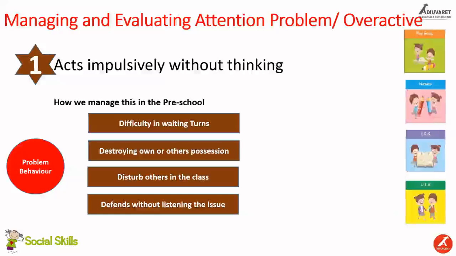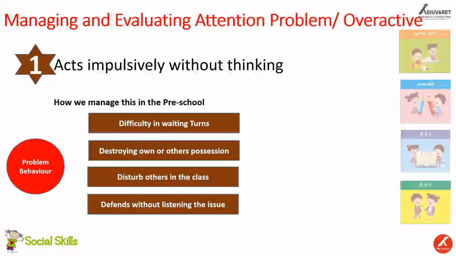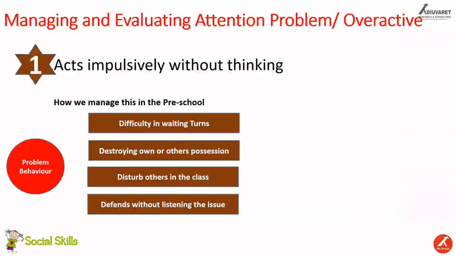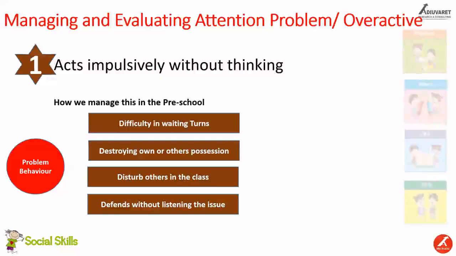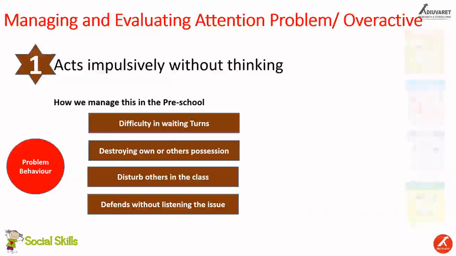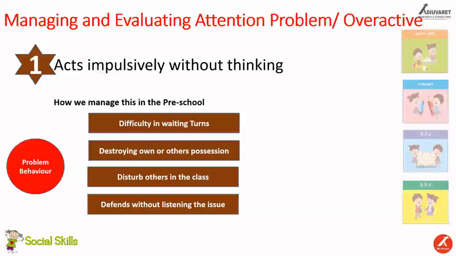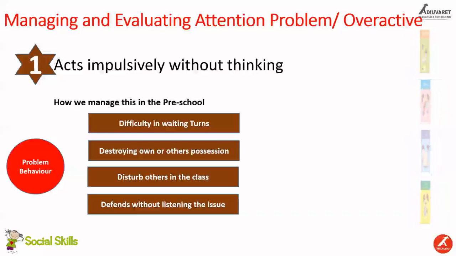If such behavior is present in any of the children, we have to make a note, and first and foremost we have to communicate properly with the parents, so that parents are also aware that such a problem is present in their children. Sometimes what happens is that as teachers, we give a lot of importance to changing such behavior.